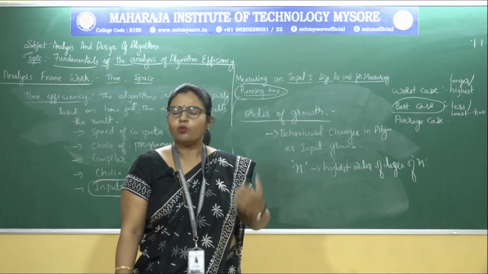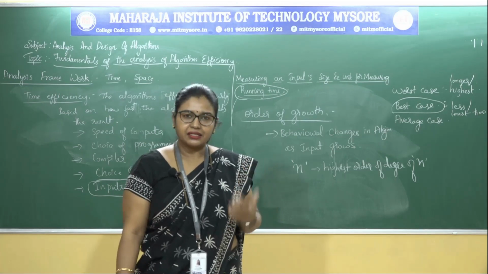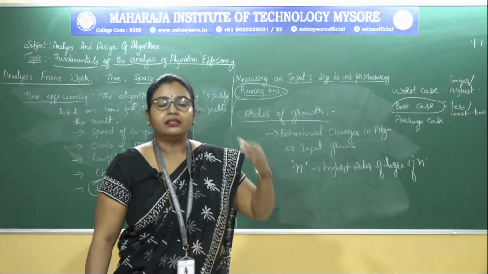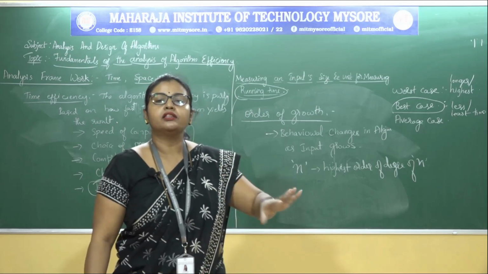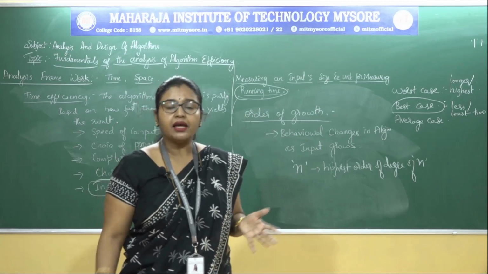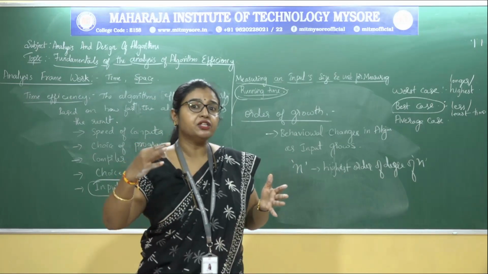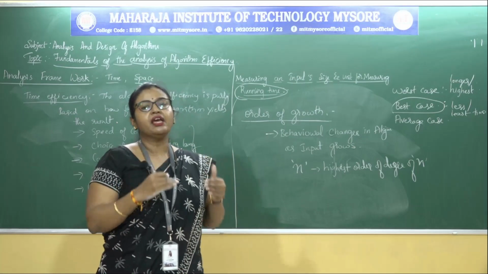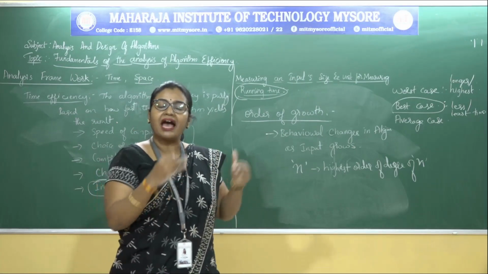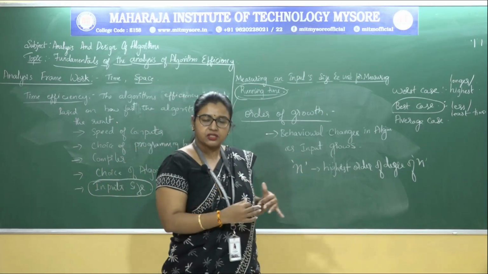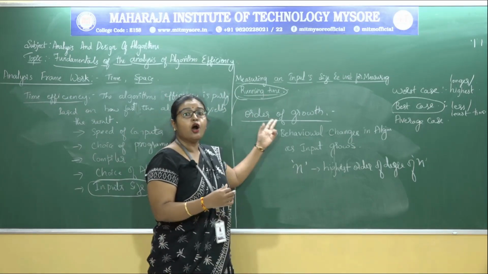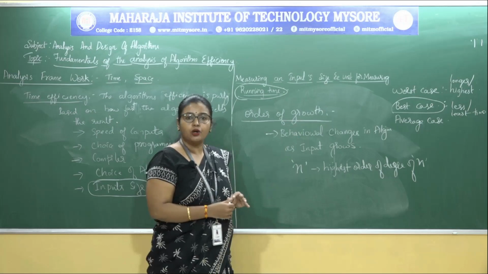What is this order of growth? That is nothing but, as your input grows, the number of times the operation is performed also grows. Okay, so that change in behavior of the algorithm as your input changes, that study is called the order of growth of the algorithm.